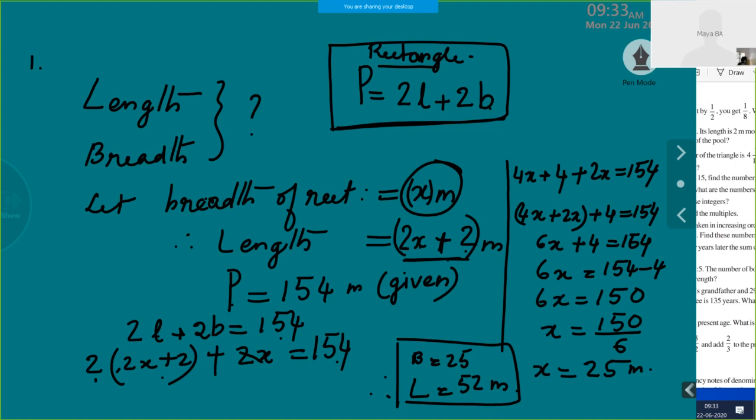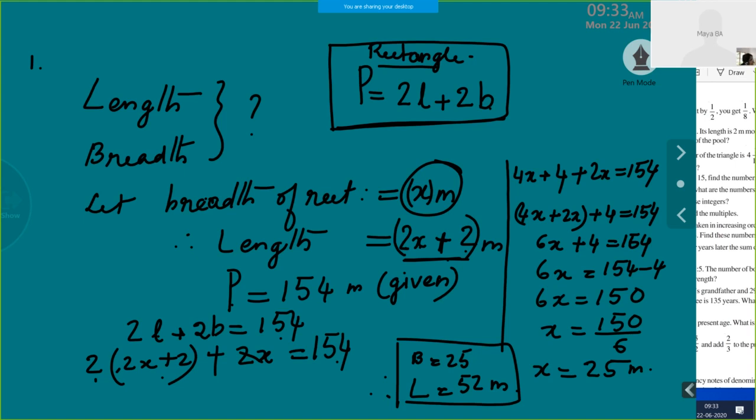We get the algebraic expression as twice of 2x plus 2, plus 2x is equal to 154. Using the distributive property, open the bracket, you get 4x plus 4 plus 2x is equal to 154. So we get it simplified as 6x plus 4 is equal to 154.